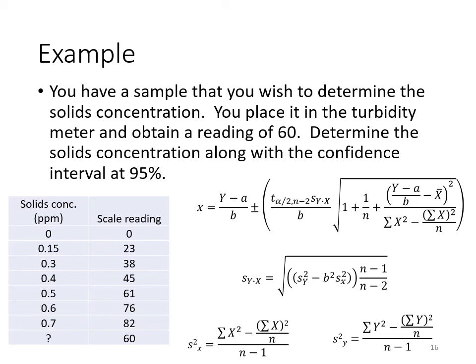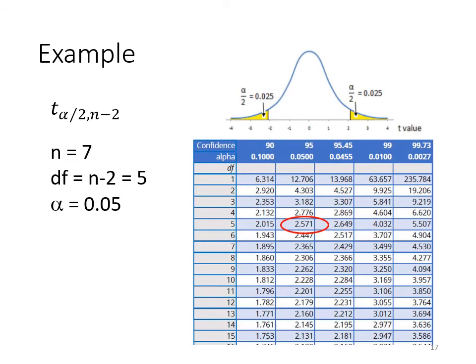Now what we want to do is determine that solids concentration that corresponds to the scale reading of 60, along with the confidence interval for that concentration. Again, we'll use the two-tailed t-test. We're using the calibration data that we generated.